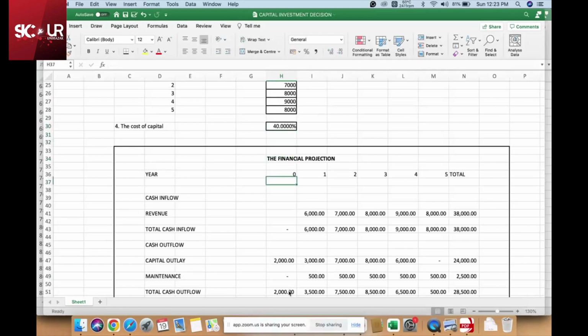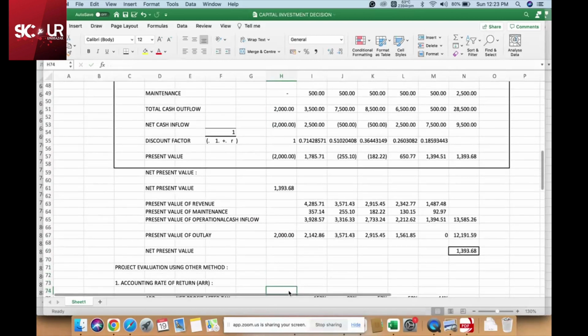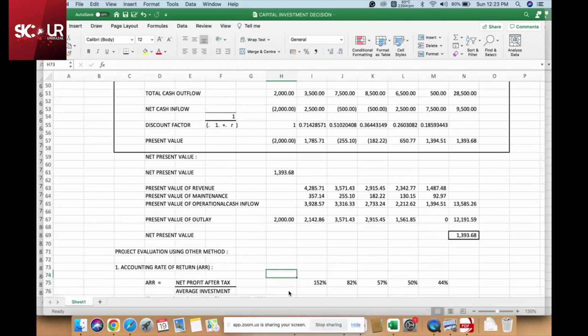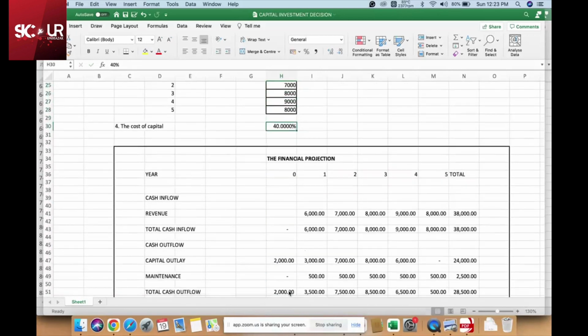When we change to 40%, our NPV is still positive 1.393 million. So that means that the IRR is much higher than that. Let's try 50%.